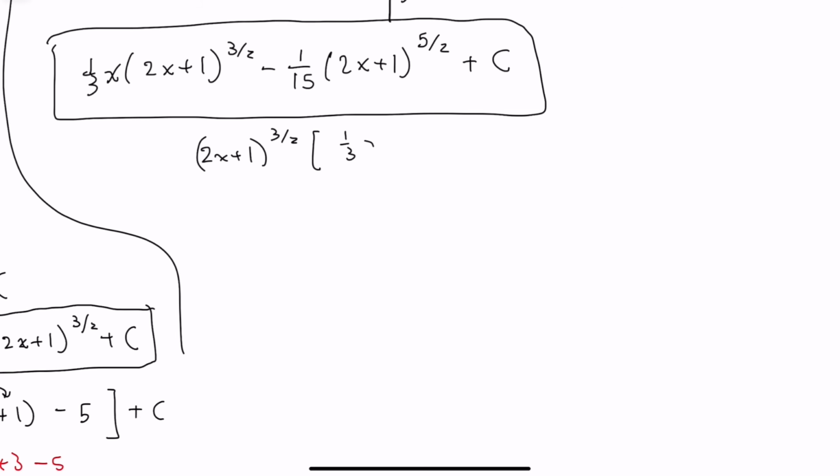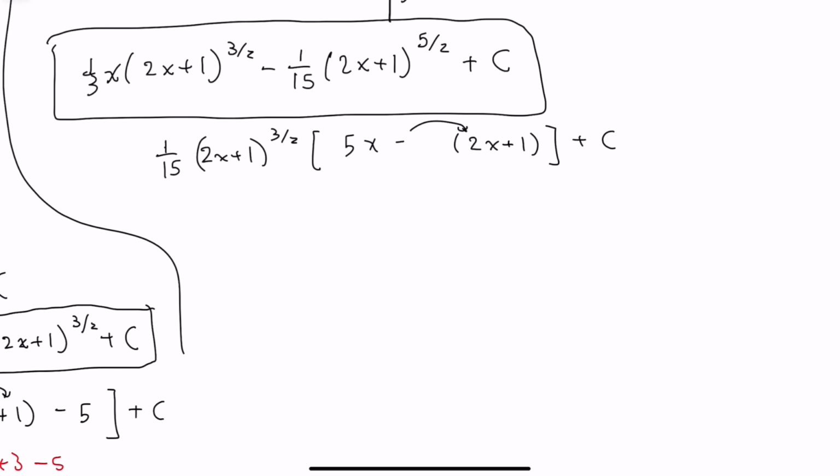So you get 1/3 x for the first one, because 3 halves minus 3 halves is 0, 2x plus 1 to the 0 is just 1, minus 1 over 15, 5 halves minus 3 halves is 2 halves, which is 1, so we get that to the 1, so we've seen that before. We have plus c here. Okay. Great, so now what? Well, now the least common denominator here would be 15, so we can pull out a 1 over 15 and multiply the insides by 15. 1/3 times 15 is 5, and 1 over 15 times 15 is just 1.